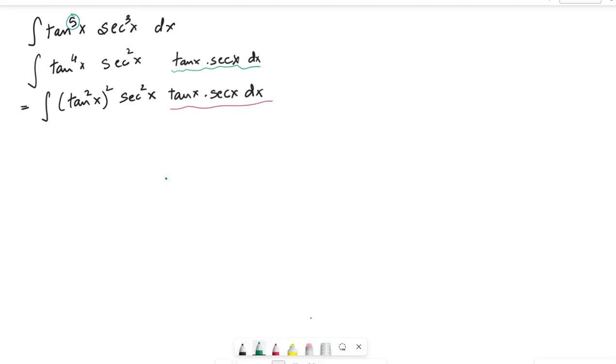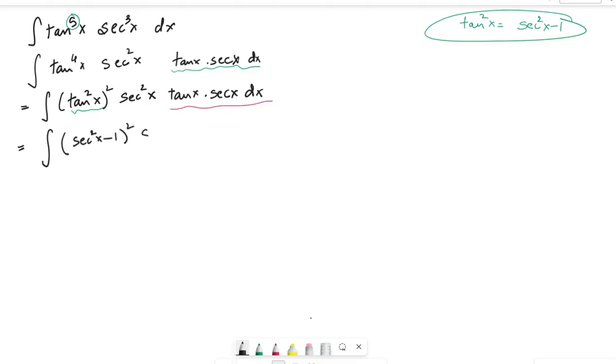So we have our rule which says tangent squared x is secant squared x minus 1. We are going to use that to replace this part. Secant squared x minus 1, whole squared, times secant squared x, times this remaining part which we are saving as is.